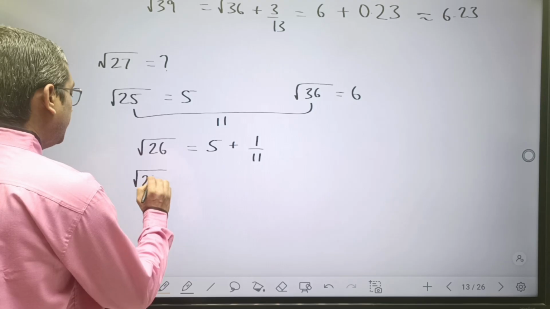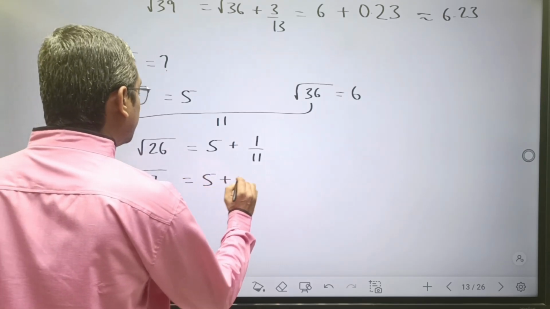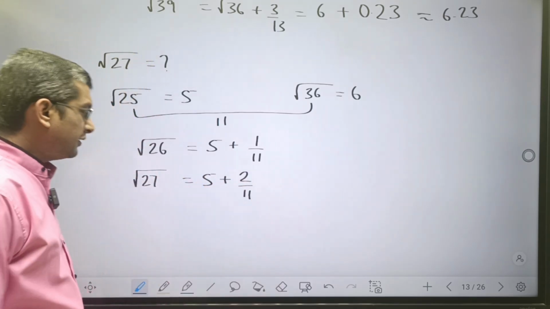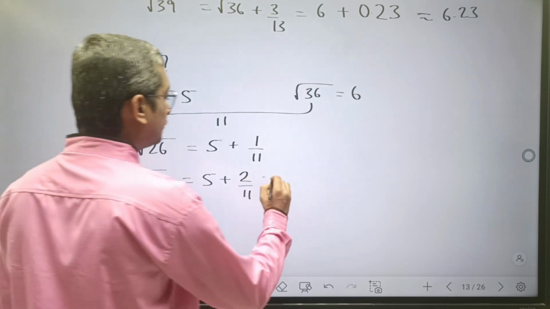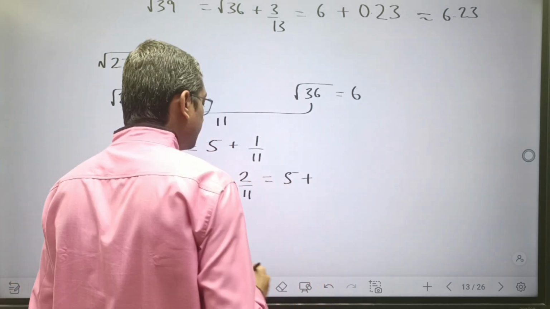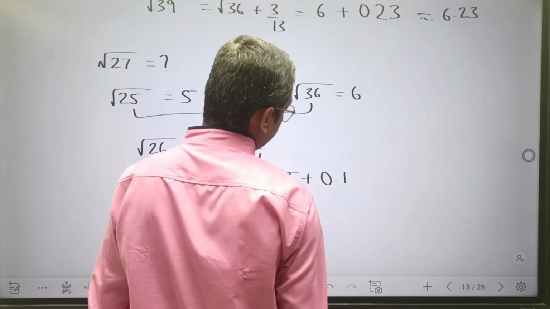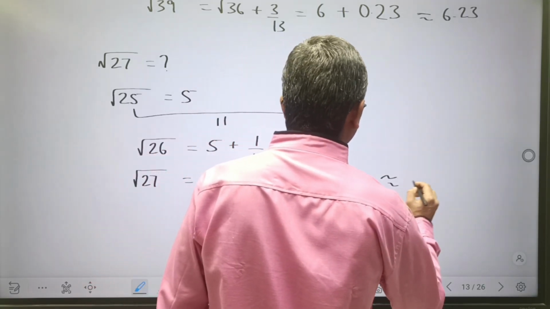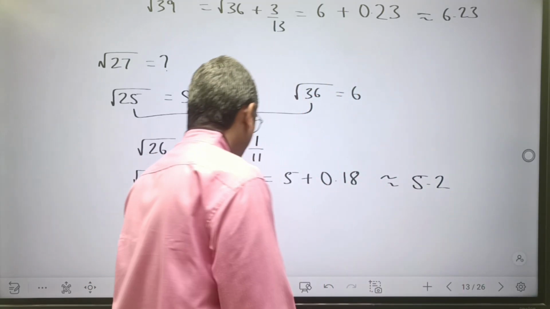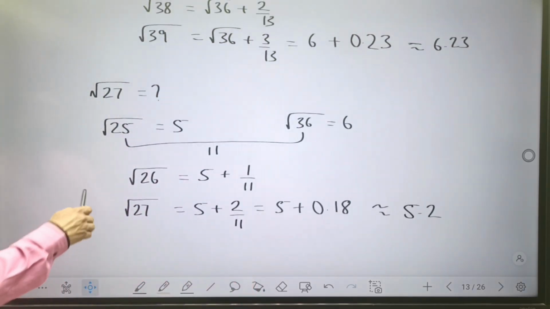If you wish to find root 27, then this will be 5 plus 2 by 11. In this way, root 28 is 5 plus 3 by 11. So this is approximately 5.2. This is how you can find that.